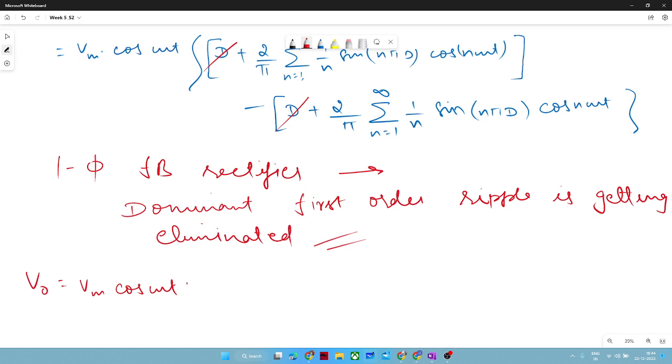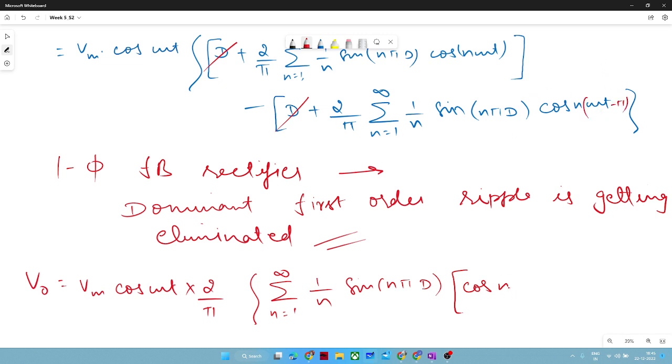I will take 2 by pi common, and now I will write n is equal to 1 to infinity, 1 by n sine n pi d. These components are also common. Now the left thing is cos n omega t minus cos n omega t minus pi.